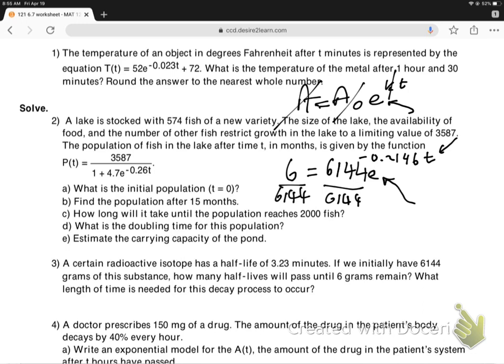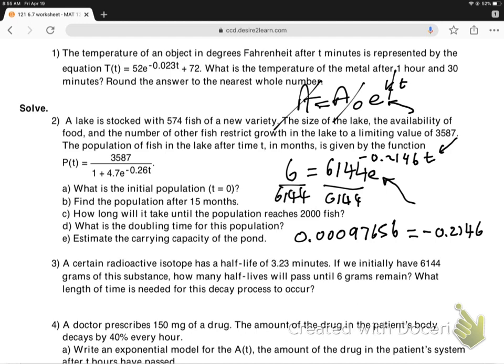Right, cancel. 6 divided by 6144 equals 0.0009765, if you want to keep on going. Equals, again, remember you log both sides, this is just the exponent, negative 0.2146. Okay?